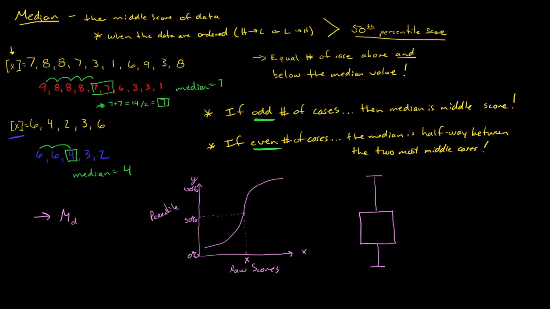And if you remember, somewhere in the middle of the box you're going to have a thick line that goes across the box, and the line across the box represented the median value of your data set, just like this X right here represented the median value on this cumulative frequency plot.